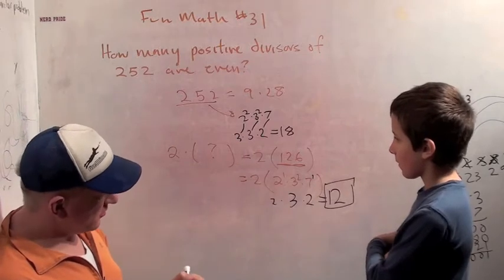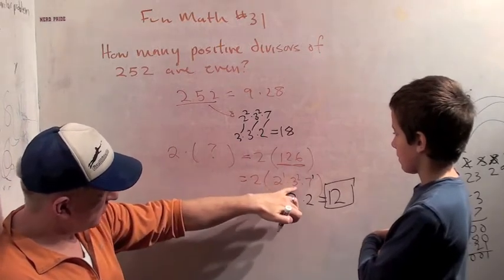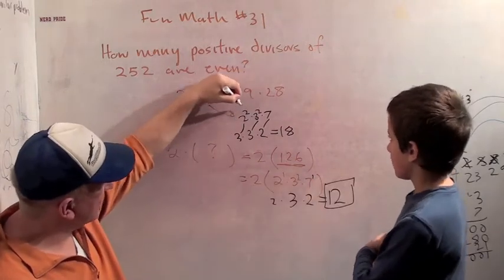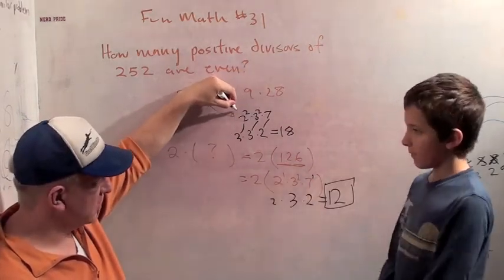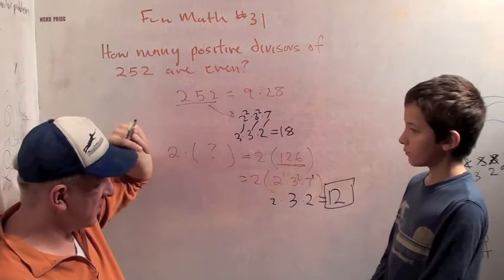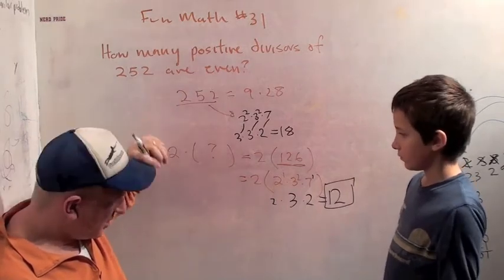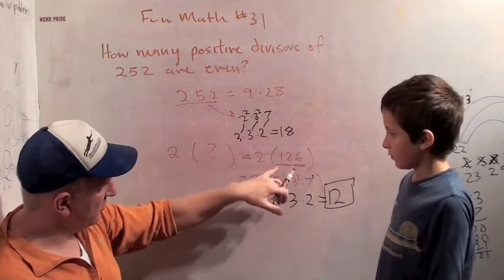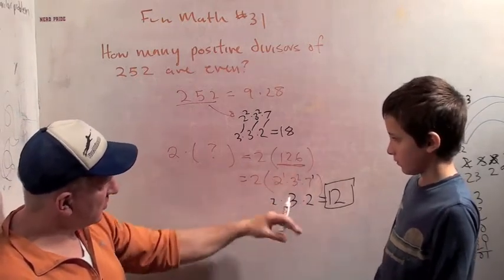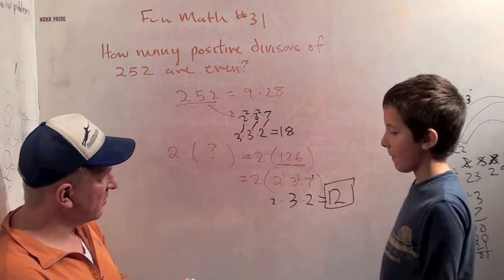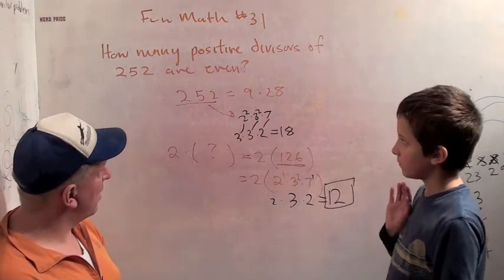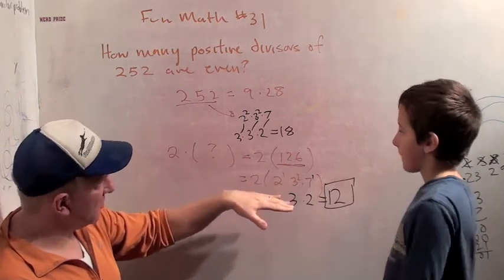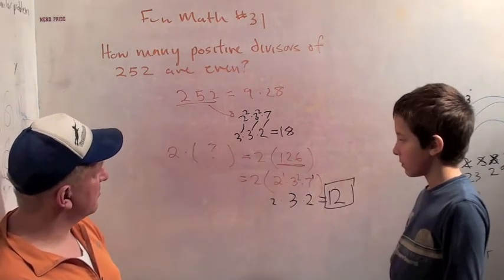It turns out 126 is 2 to the 1 times 3 squared times 7. We knew that because we had already factored 252. Okay, and then we just pulled one of those 2's out. And then we used our divisor counting formula. Increment the powers, 2, 3, 2, and then multiply. We get 12. So 12 total divisors of 126, and 2 times those divisors are the even divisors of 252.